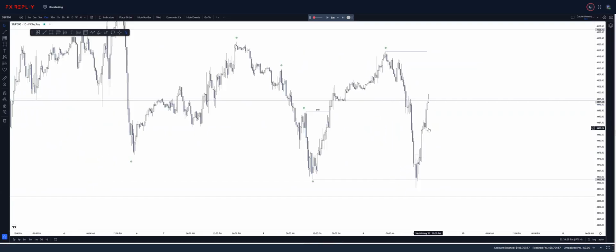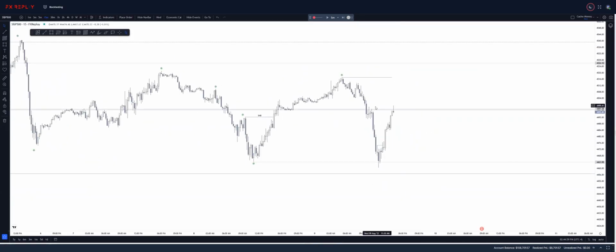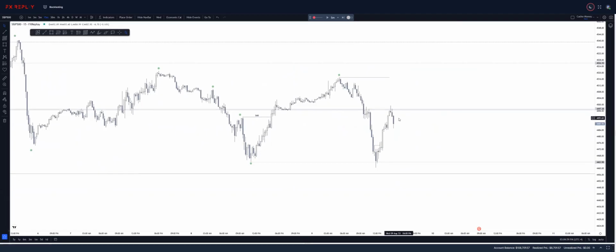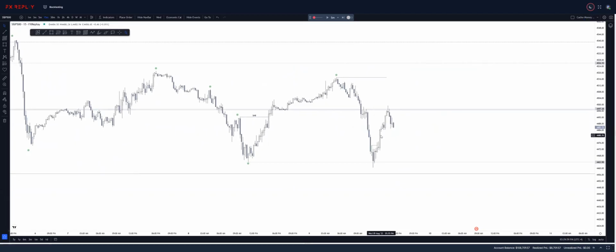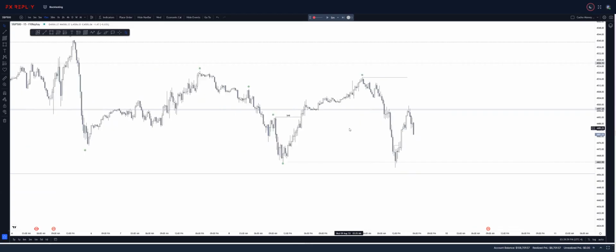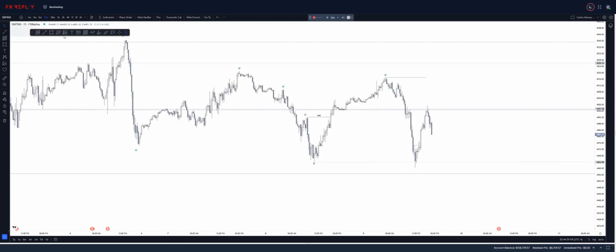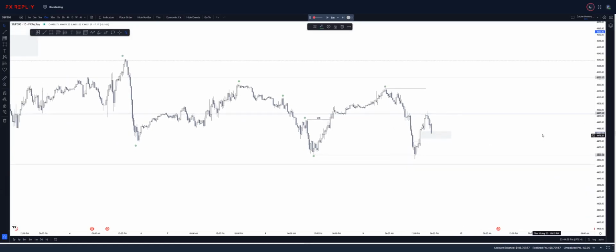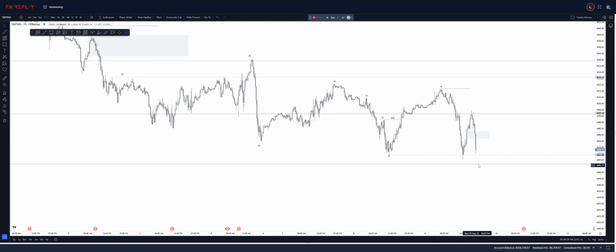And not giving us any trade ideas. This is not what we want to see to take a trade, that's for sure. This is not very clear. Still looking to basically come and take out this low.